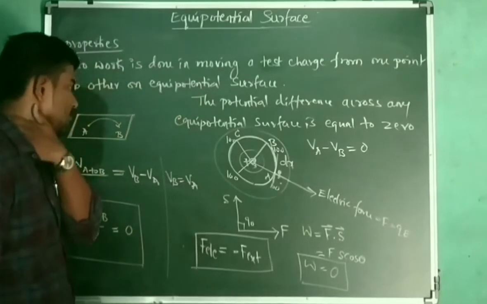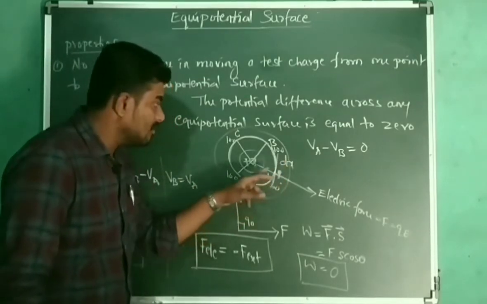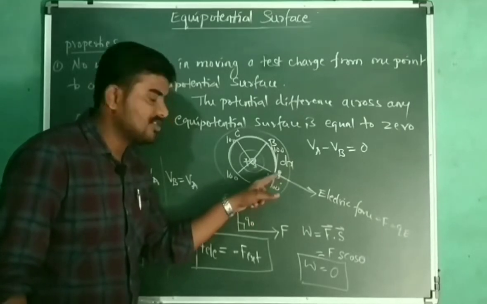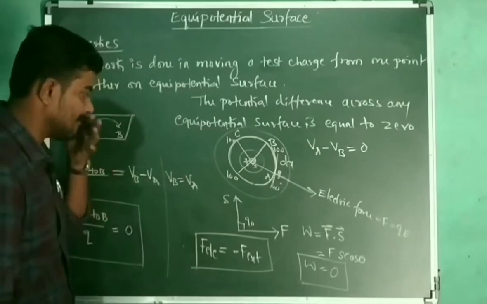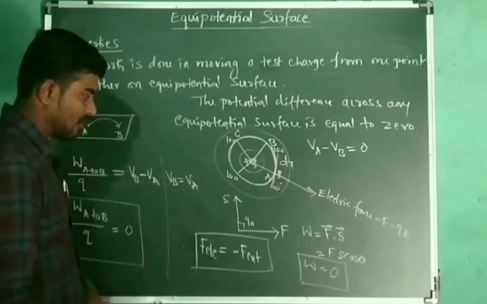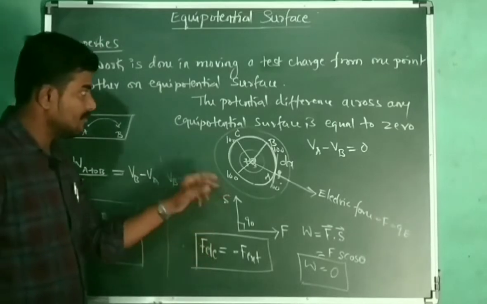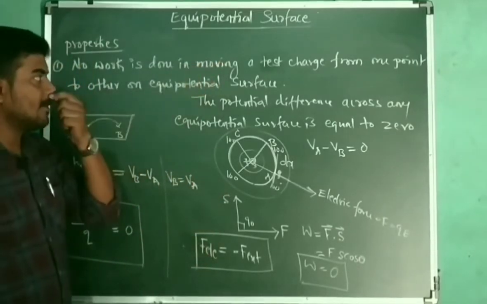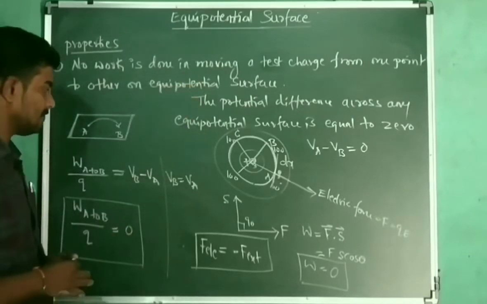For this we have to take the charge very slowly. The speed of the charge should not change, and the kinetic energy should not change. That condition is very important. And this is the very important concept: no work is done in moving a charge from one point to another point on an equipotential surface.